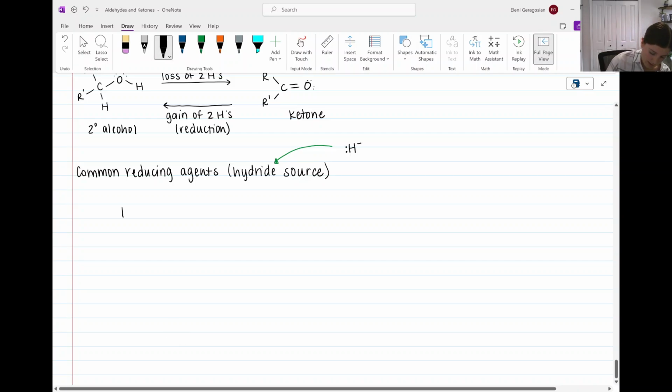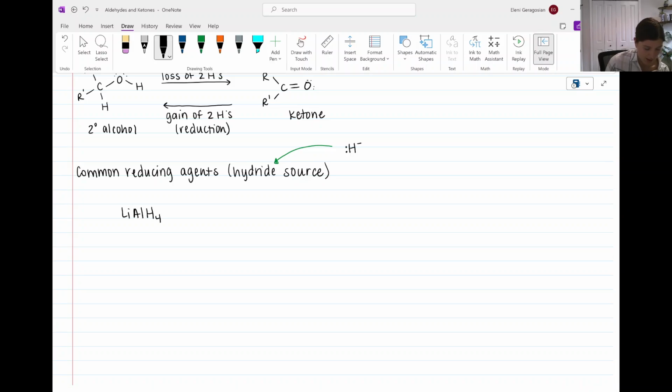One is lithium aluminum hydride, LiAlH4. And the other is sodium borohydride, NaBH4.